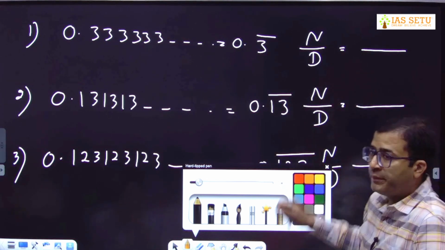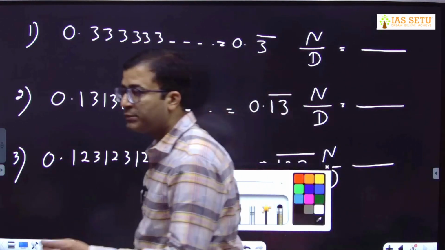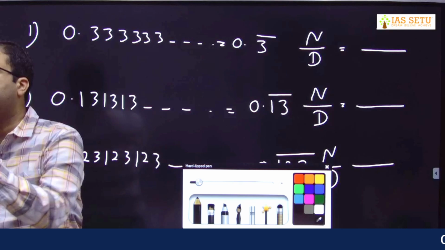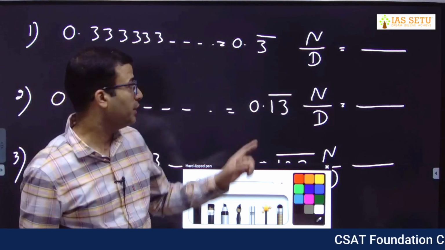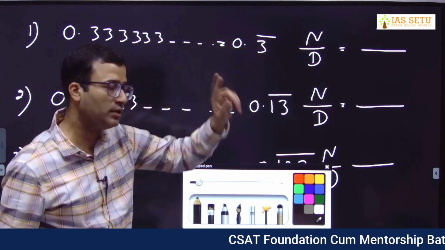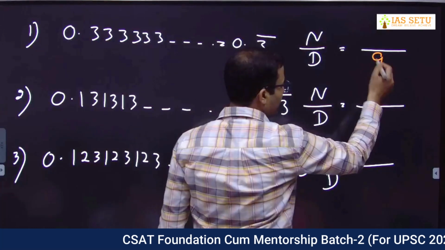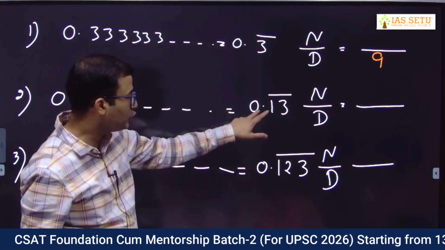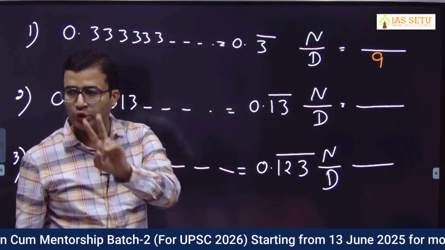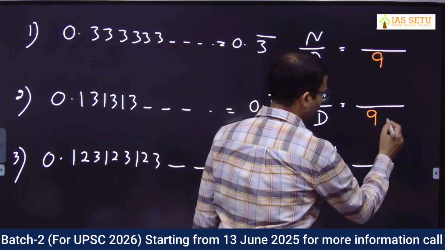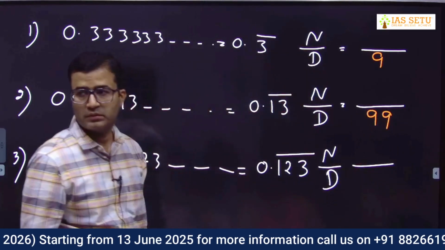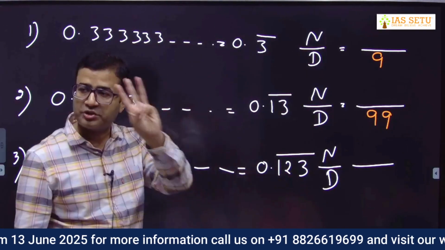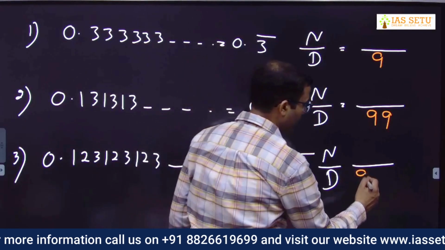In our denominator, we have as many 9s as many digits under the bar. Here, how many are under the bar? 1. So we have to put one 9. Second question, how many digits under the bar? 2. So you have to put two 9s. How many digits under the bar? 3. So you have to put three 9s.